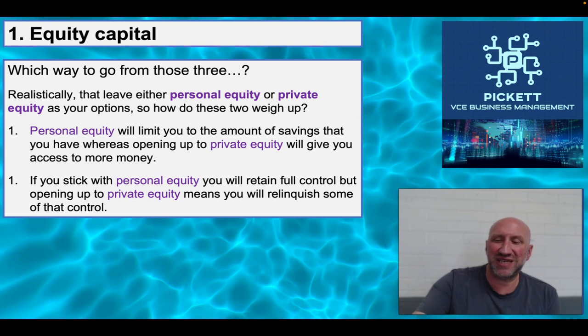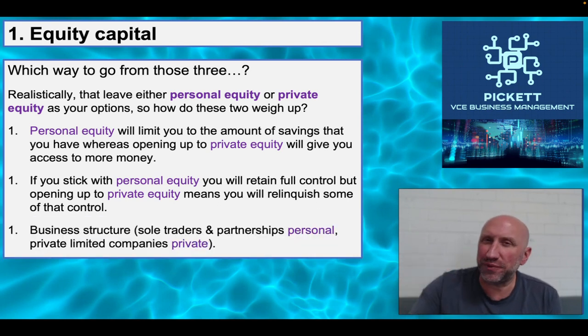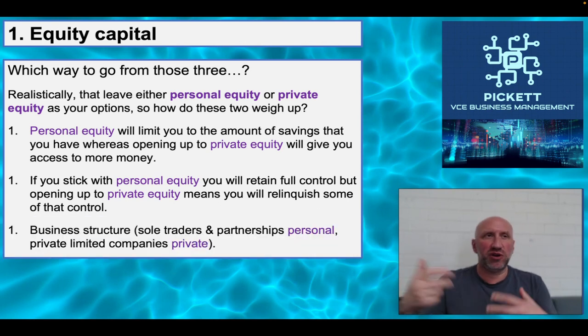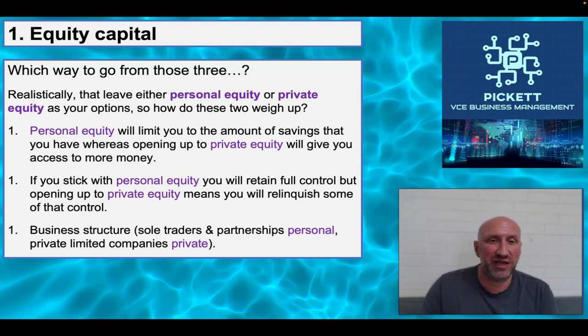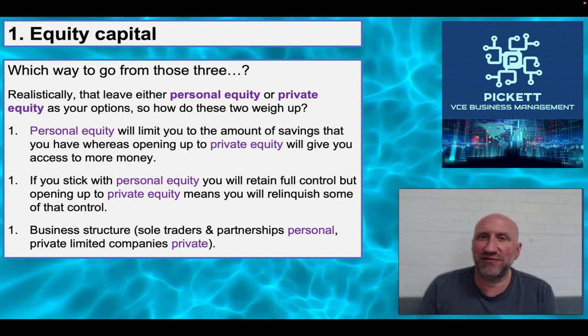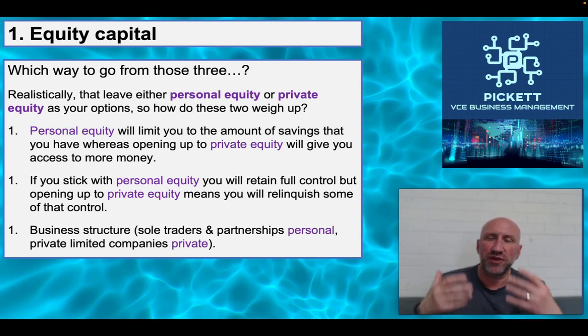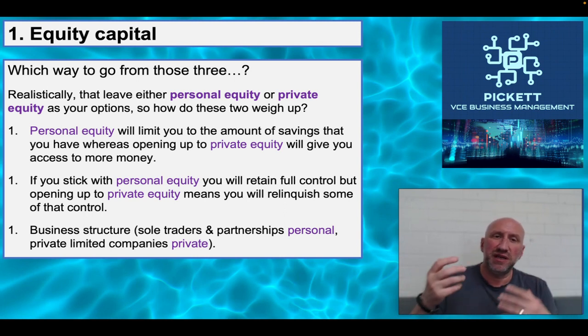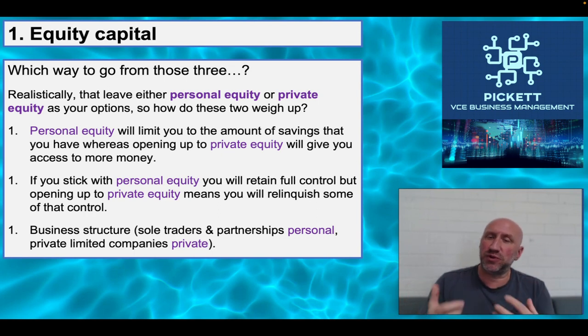So I said before that 51% is that magic number. If you really want to retain control of your own business, don't go above the 50. But even if you're relinquishing 20, 30%, whatever it is, those people then can expect to have a say in the business. So if you really, really want to retain control over your business, over your destiny, as much personal equity as possible is going to be preferable to private.